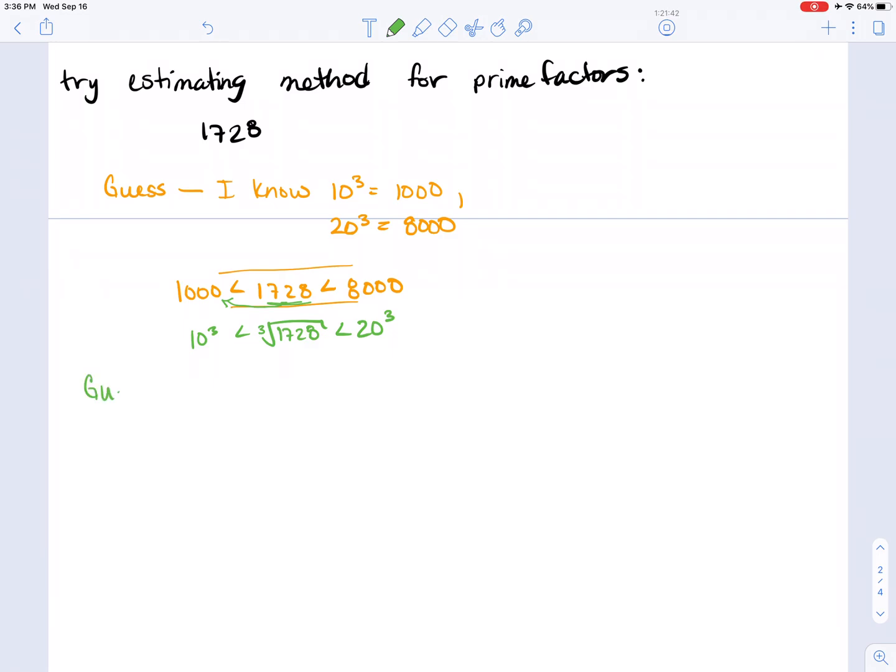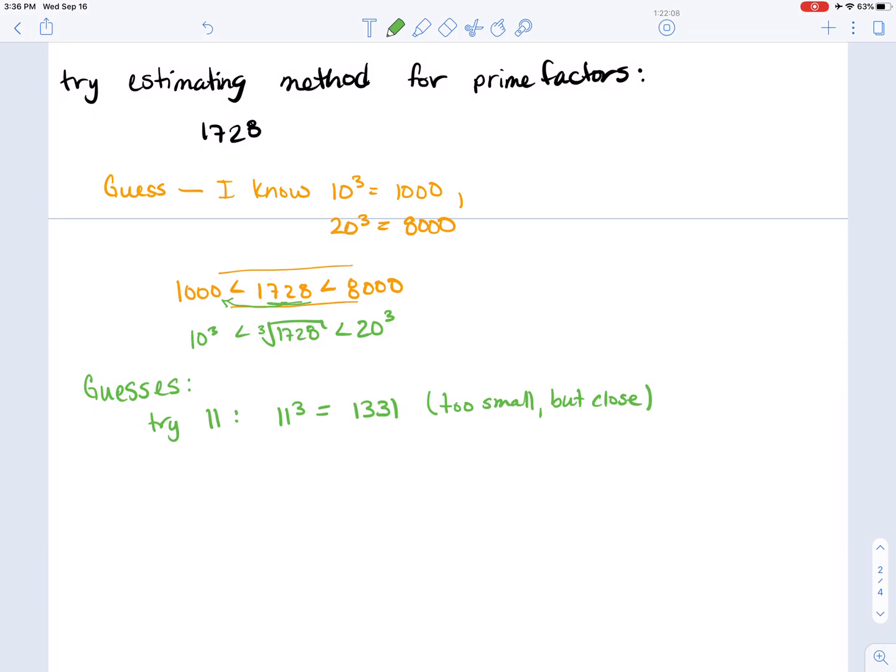So now I'm going to use my guesses. To start off with, I'm going to try 11 cubed. So 11 cubed is 1331. This number is too small, but it's close.